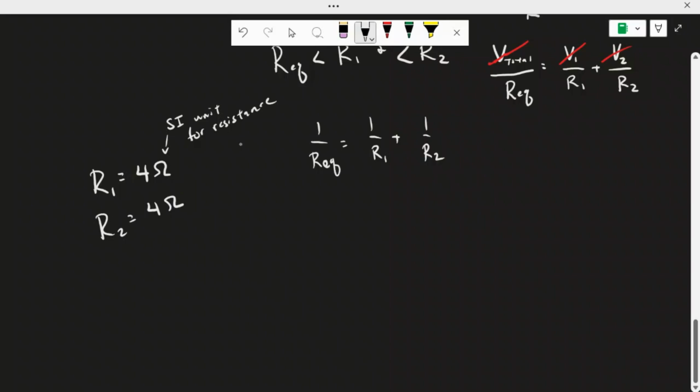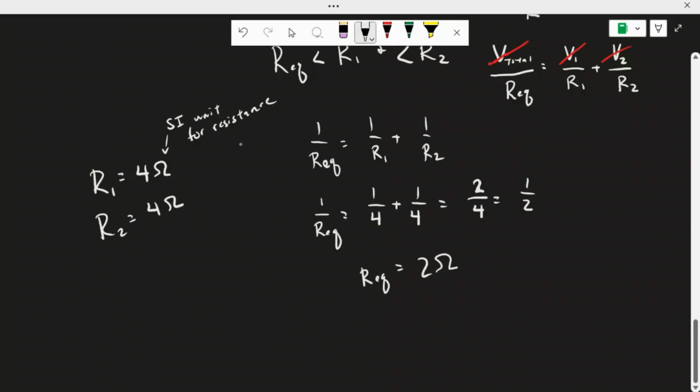So I know that R equivalent has to be less than 4 ohms. So I get 1 over R equivalent is equal to 1 over 4 plus 1 over 4. So that would equal 2 over 4, or 1/2. And then when I invert that, I get R equivalent is equal to 2 ohms.